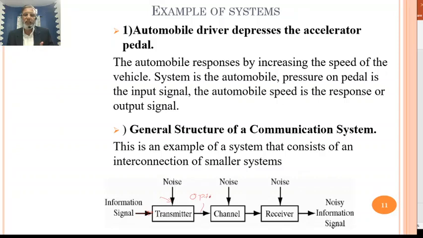That optical signal is transmitted over the communication channel, and the receiver input is the optical signal, and the output of this receiver is again the information signal, because the receiver is a system.